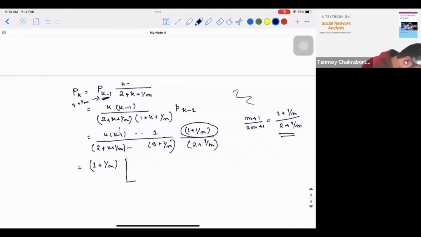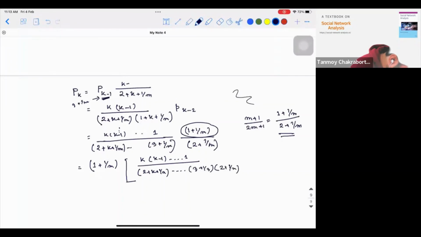k into k minus 1 dot dot dot 1 by 2 plus k plus 1 by m dot dot dot 3 plus 1 by m, 2 plus 1 by m, right? So what is this? This is factorial of k.